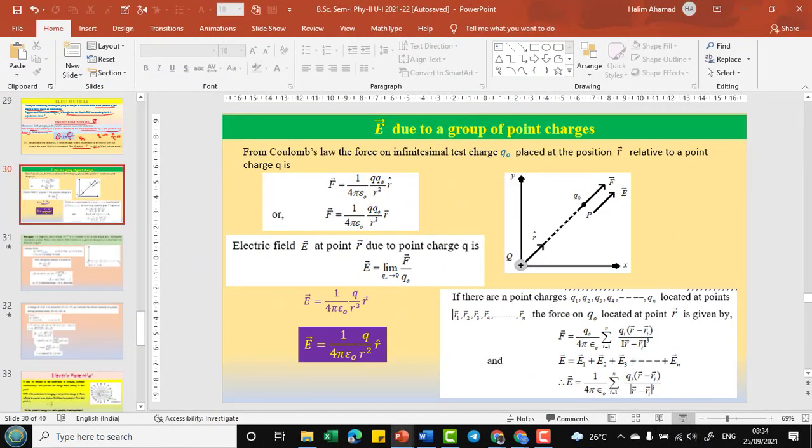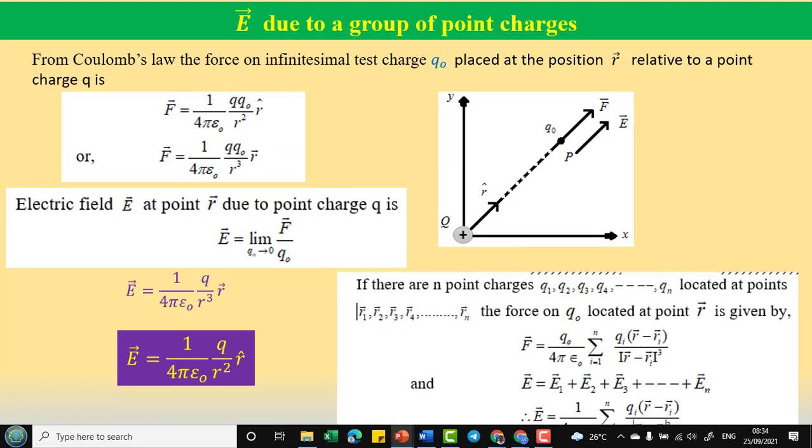So in the previous class we were discussing the electric field intensity, and we defined the electric field intensity at a point as the force experienced by a unit positive test charge placed at that point.